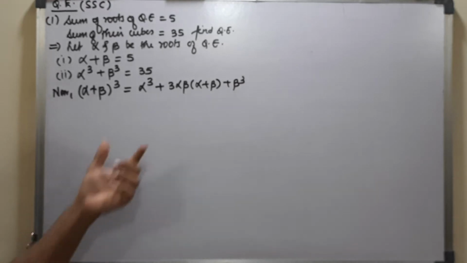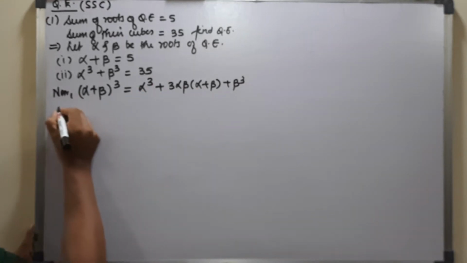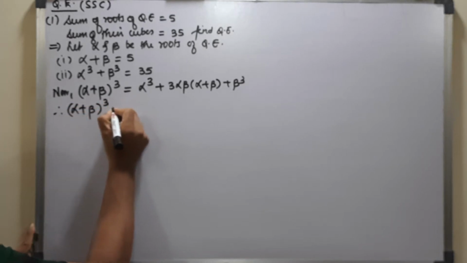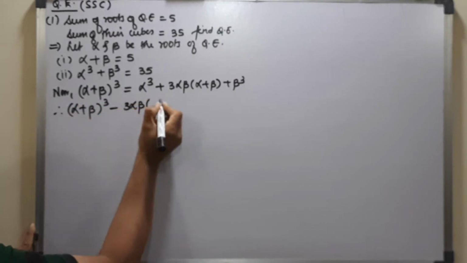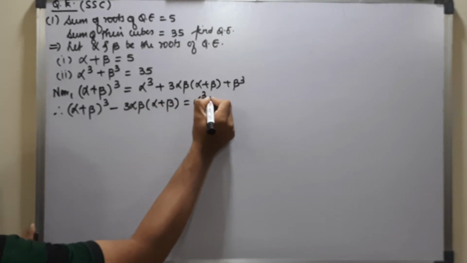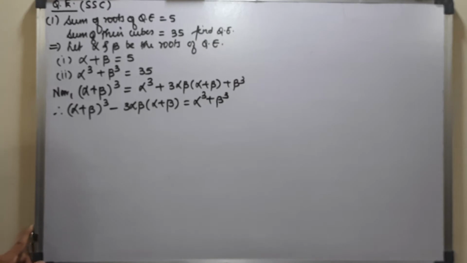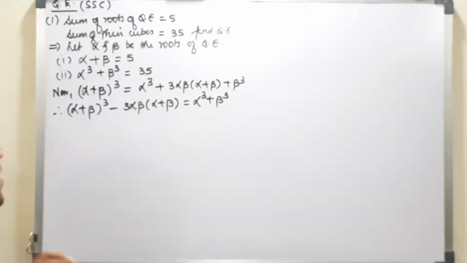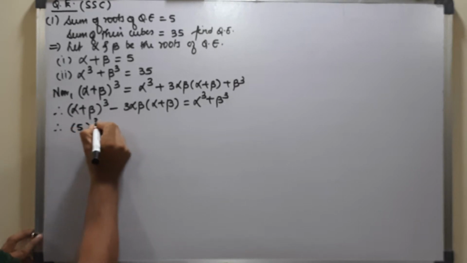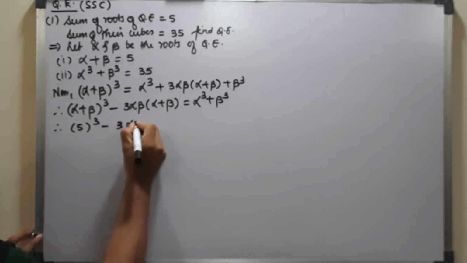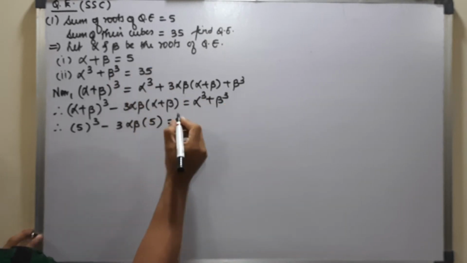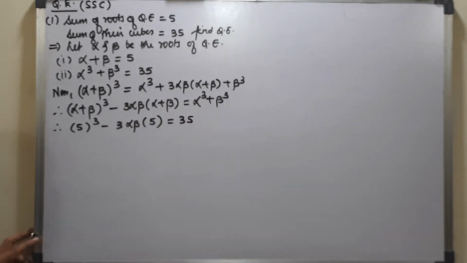I am showing you how the identity comes. So you will have alpha cube plus beta cube equal to alpha plus beta the whole cube minus 3 alpha beta into alpha plus beta. Just replace the values: alpha plus beta is 5, cube, minus 3 alpha beta, alpha plus beta is 5, and alpha cube plus beta cube is 35.